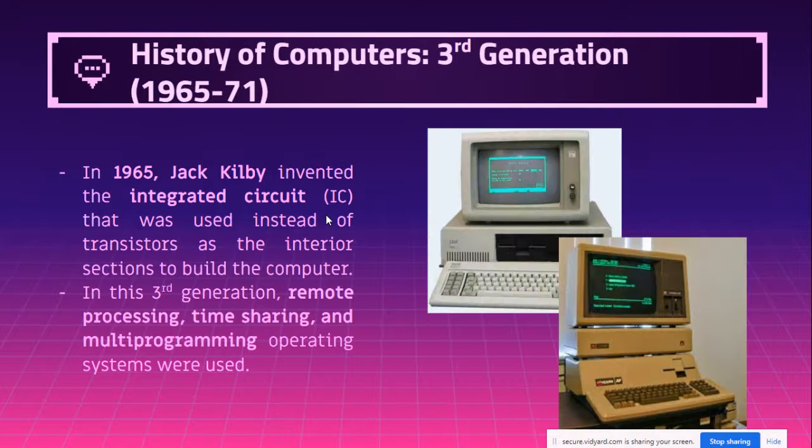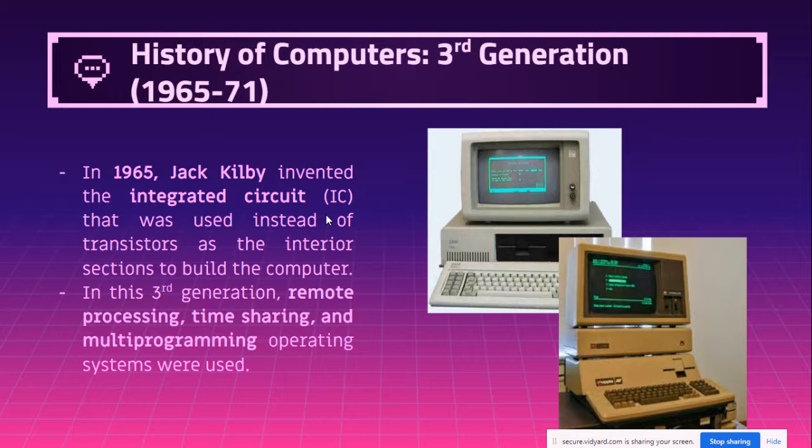In the third generation, in 1965, Jack Kilby invented the integrated circuit, or IC, that was used instead of transistors as the interior section to build the computer. A single IC has many transistors, resistors, and capacitors, so that even the full circuit of a transistor can be replaced entirely with one chip.